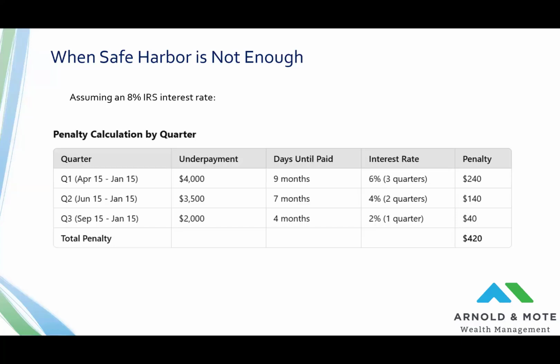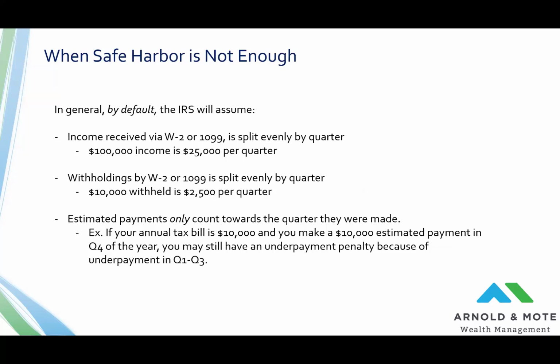And how the IRS assumes your income is broken out quarter by quarter is a little interesting and leads to some interesting opportunities here. By default, if the IRS sees income that comes in from a 1099 or a W-2, it's going to assume that that income was split evenly quarter by quarter.